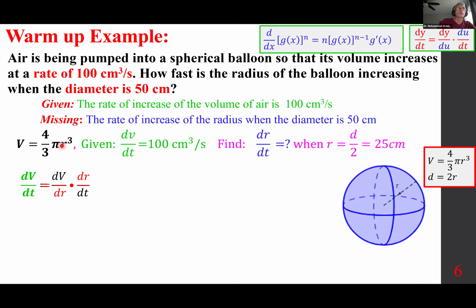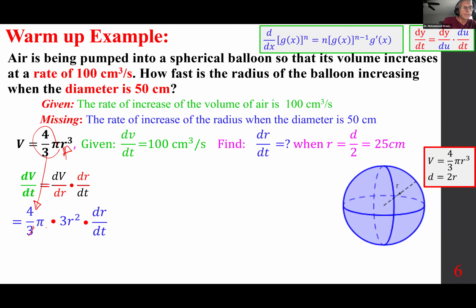So we start with dV/dt equals 4/3 pi, because that's a number, a coefficient. It's not going to change. Differentiate r cubed: 3r squared dr/dt, because you're taking the derivative with respect to t.